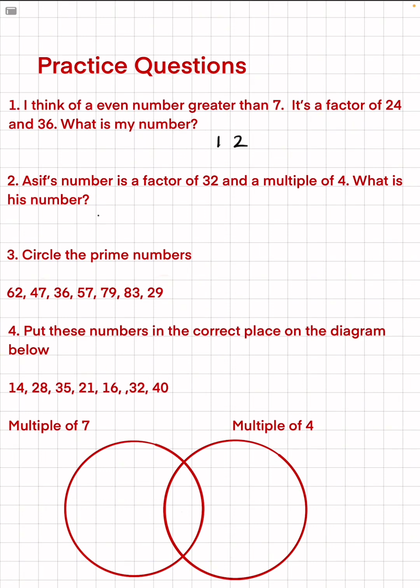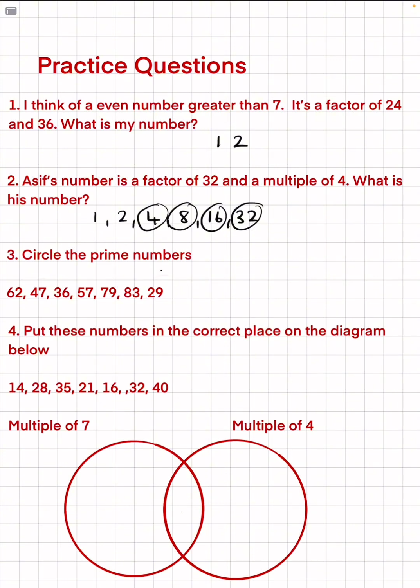The factors of 32 are 1, 2, 4, 8, 16, and 32. The multiples of 4 from the factors of 32 are 4, 8, 16, and 32. So Asif's number could be any one of these numbers.